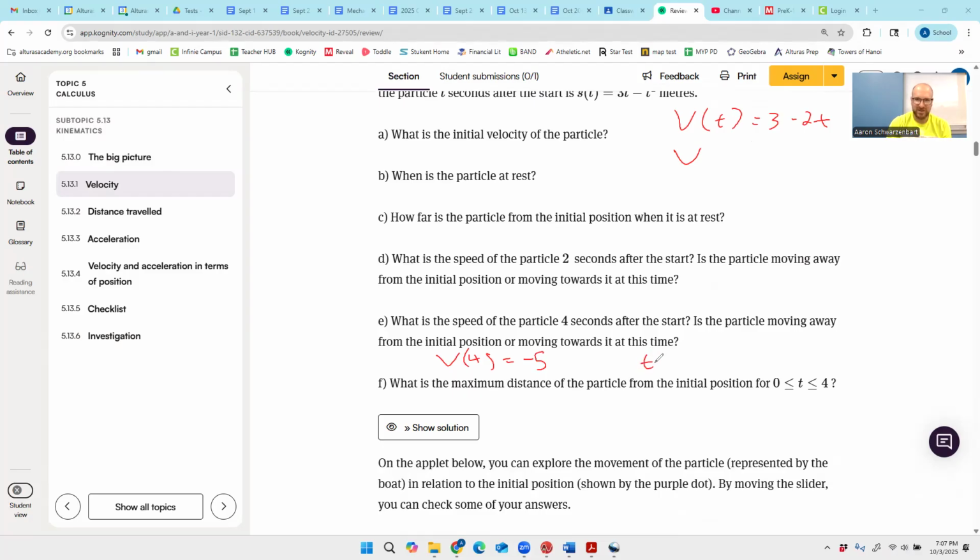And as we saw in the graph, that's moving away. What is the maximum distance of the particle from initial position at t equals 4? That's our maximum distance. Distance is an absolute value, 5 meters.